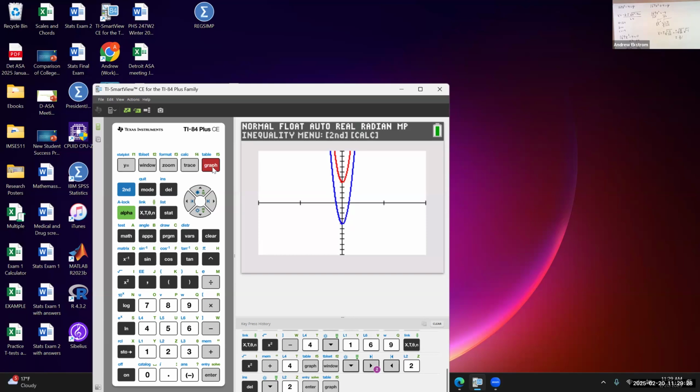So the blue one, you can see that it crosses y equals 0. Does the red one cross y equals 0? No. So that means you're going to have a complex number when you're done with it. Okay.